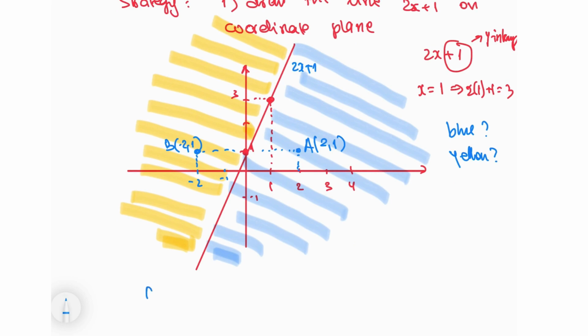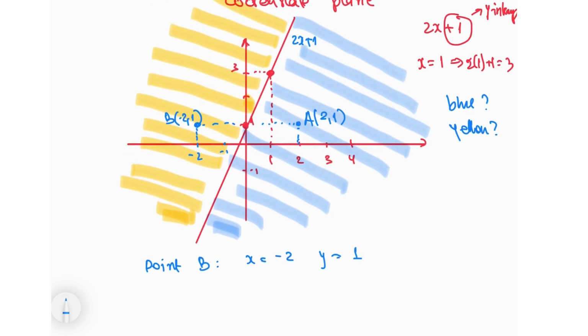So let us say point B. Basically we can choose only one point, because if it is not in that region, then it is in the opposite region. So point B, x equals -2, y equals 1.